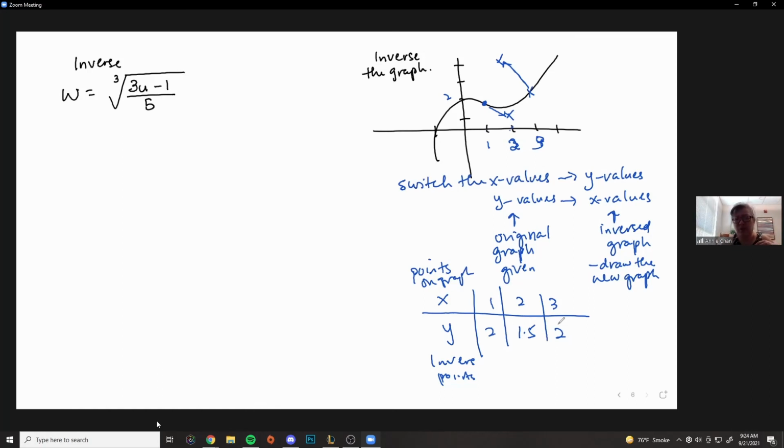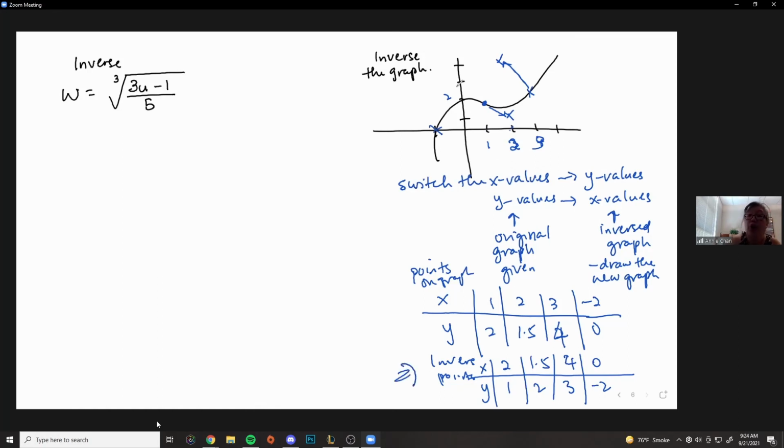So say this is 3, 3 or 3, 4. These are the points from the original graph that you pick up. So this is going to be 0, and then you have this one as -2, 0. Your inverse points, you write your X and your Y: 2, 1, 1.5, 2, 4, 3, 0, -2. And this is the graph that you're going to draw on top of this graph to show what the inverse graph looks like.